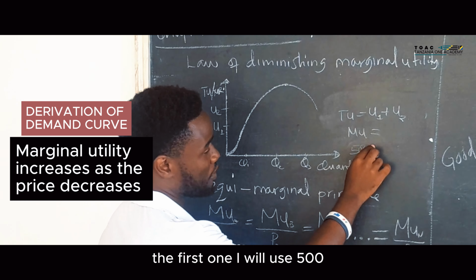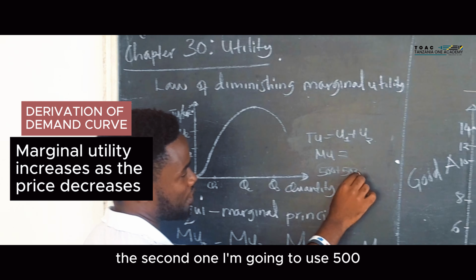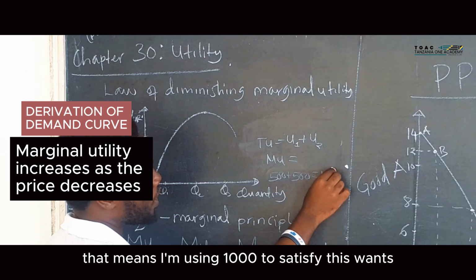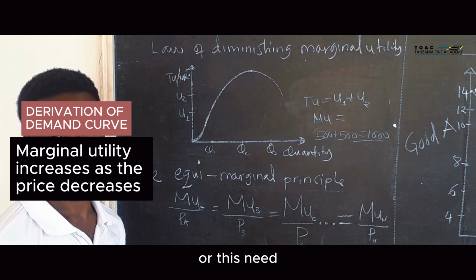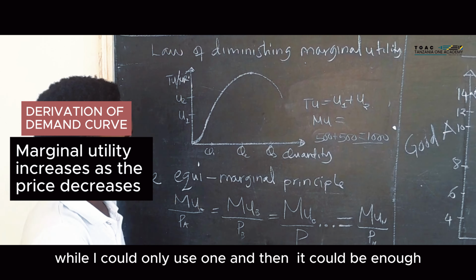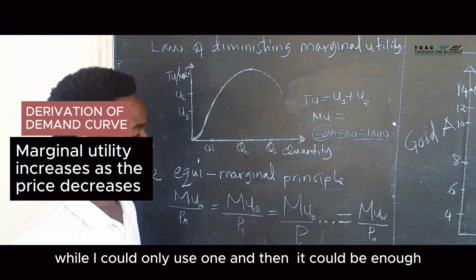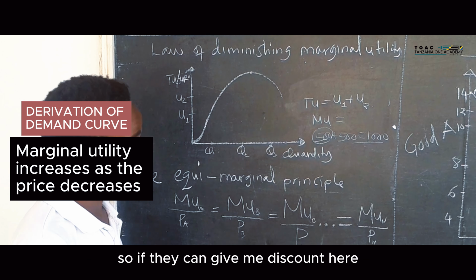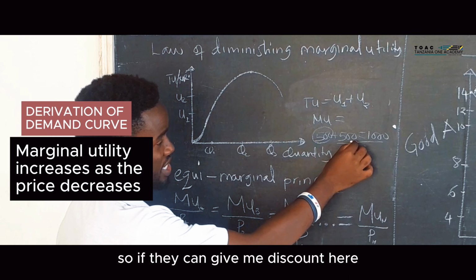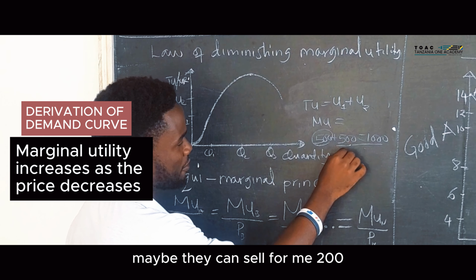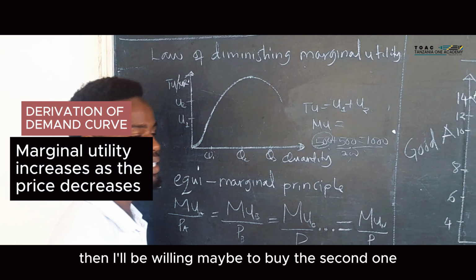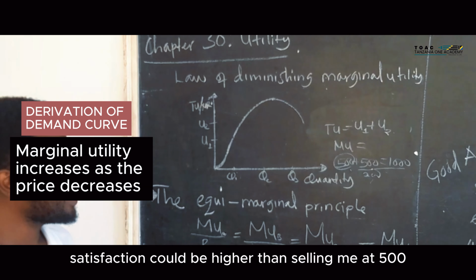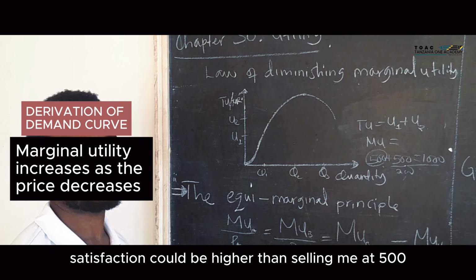The first one I use 500, the second one I use 500. That means I'm using 1,000 to satisfy this want or need, while I could use only one and it would be enough. So if they give me a discount, maybe they sell for 200, then I'll be willing to buy the second one, and the satisfaction could be higher than when selling at 500.